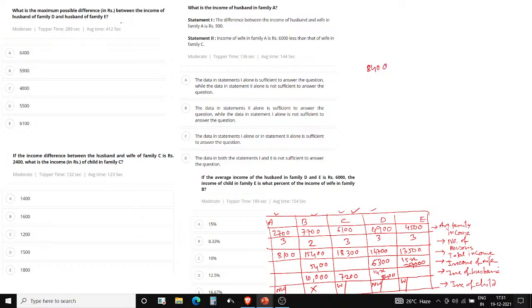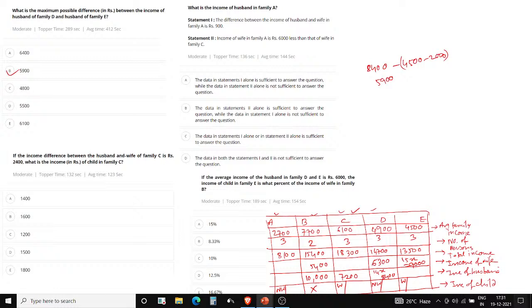Now see, maximum possible difference means you can take the income of child here. What is the maximum you can take for the income of child? That is 2,000. And the difference here is 13,500 minus 9,000, that is 4,500. So 4,500 minus 2,000 is 2,500, and 8,400 minus 2,500 means 100 less than 6,000, that is 5,900. So option B is the correct choice.